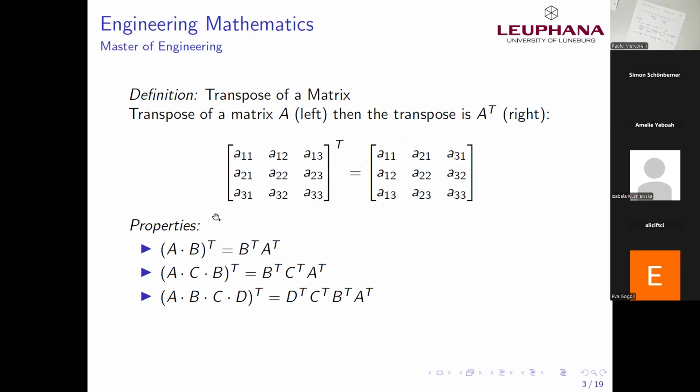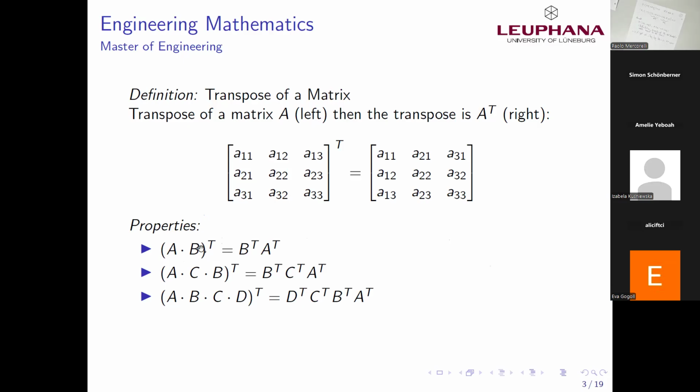Let me quickly tell you about these properties. In particular, we can see that transposition is a property which is not distributive. In some books, we find it called anti-distributive, because when I distribute this operator which we define here, the transposition, I interchange row with column.